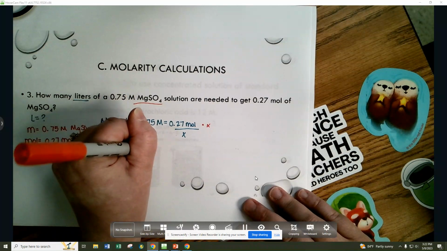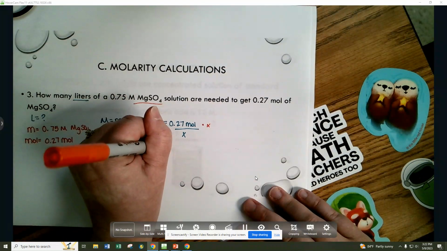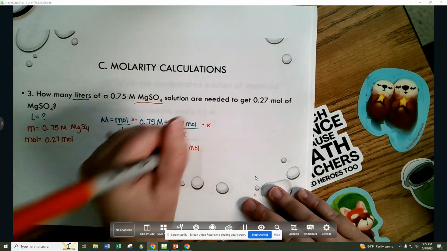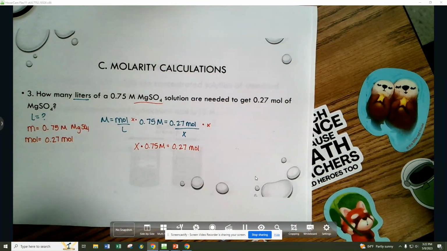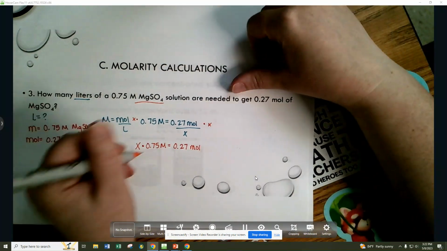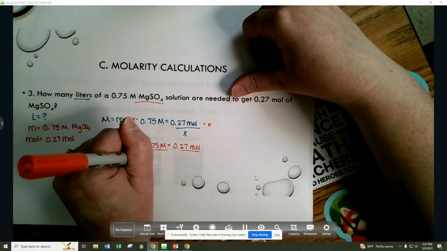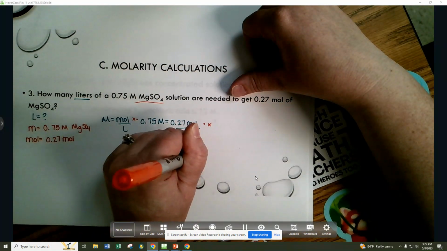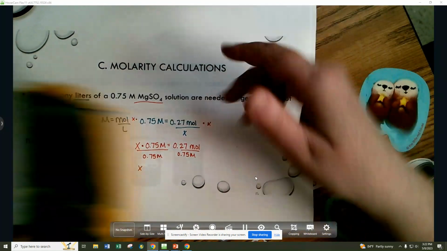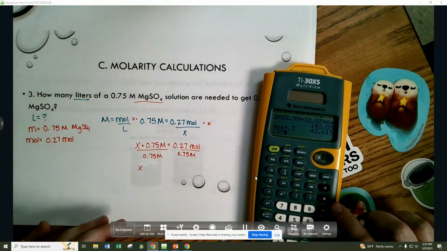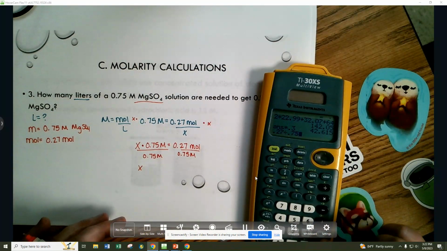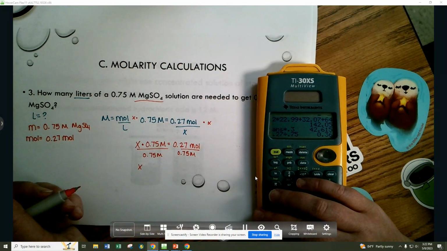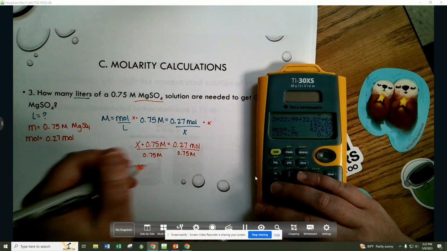So X times 0.75 is equal to 0.27 moles. Then to get X by itself, we're going to go ahead and divide. So we're going to take 0.27 divided by 0.75. We get 0.36.